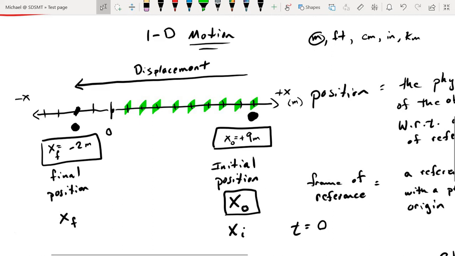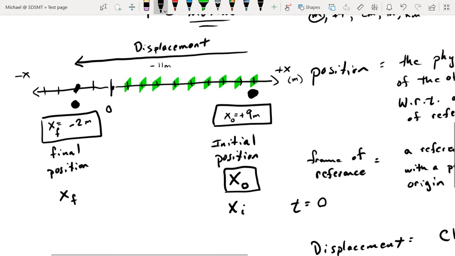And so that displacement requires a total of 11 meters moving to the left. So in other words, I have to move 11 meters in the negative direction. So how can I put this information together?